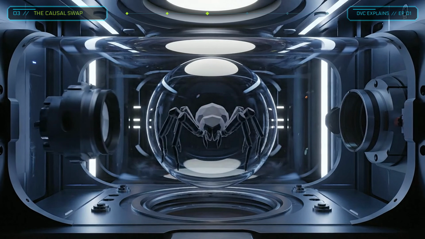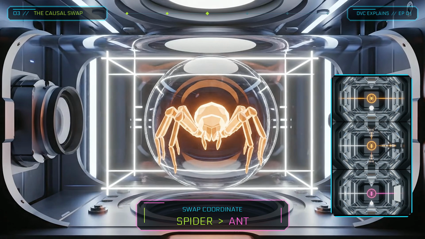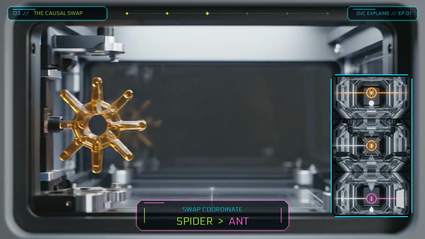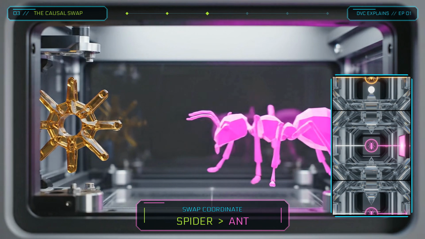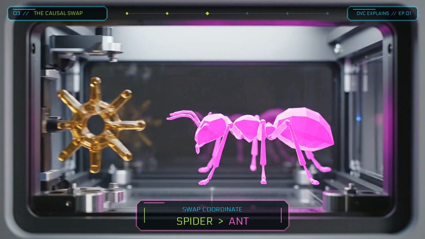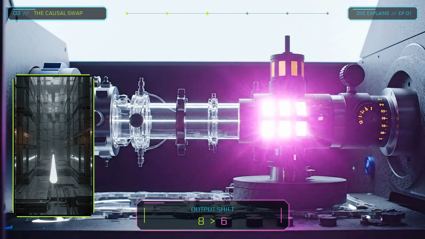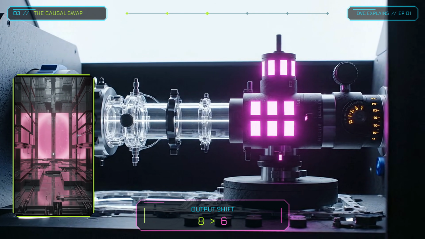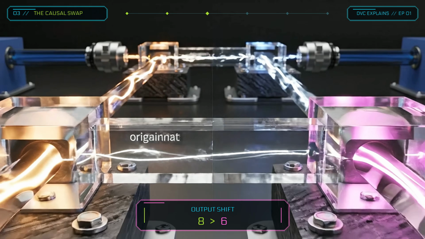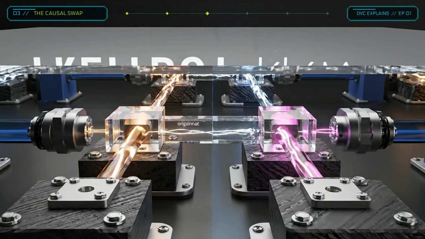Then, the researchers tested whether that internal signal mattered. They exchanged the spider and ant lens coordinates. The top output changed from 8 to 6, while the component orthogonal to those two directions was left unchanged. That is causal evidence for this intervention. The tested internal representation influenced the tested result. It is not a complete map of the model's reasoning.